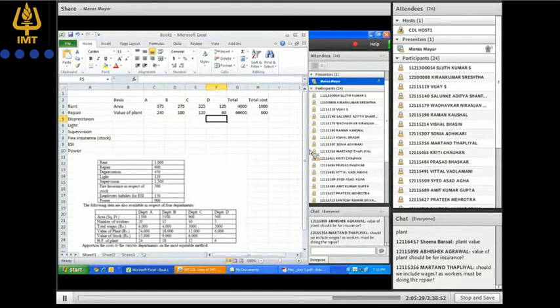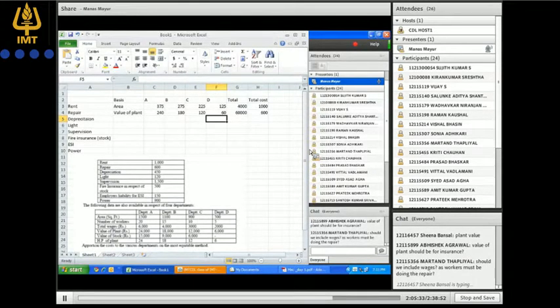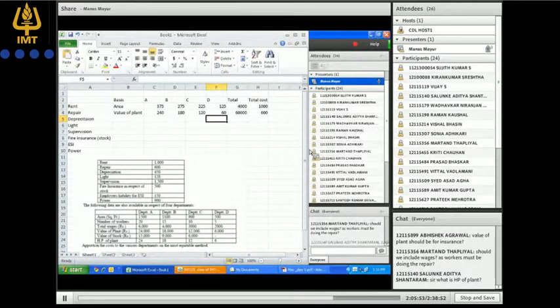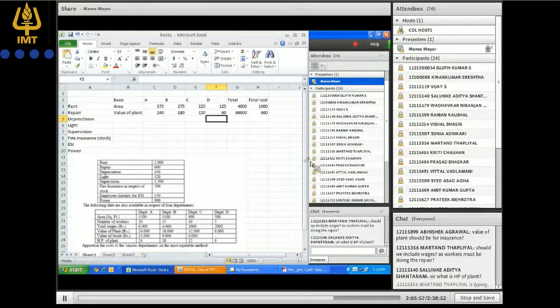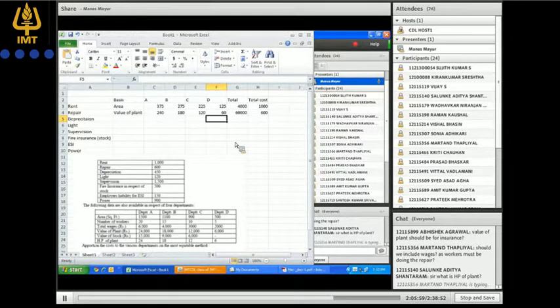For example, in this case of repair, the area can also be one of the bases for this distribution, because the idea is the more the area, the more the repairing activity. Okay, so you can have confusion, and you can always debate on the actual basis on which the distribution should be made, but you need to see which one is the most logical. HP is horsepower, that is a unit of electricity or power.